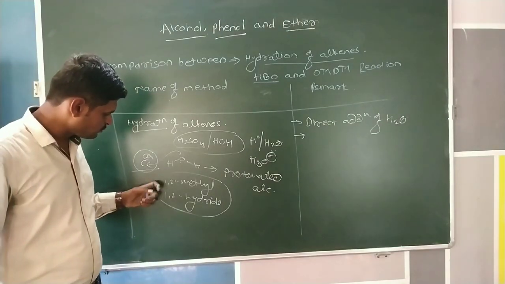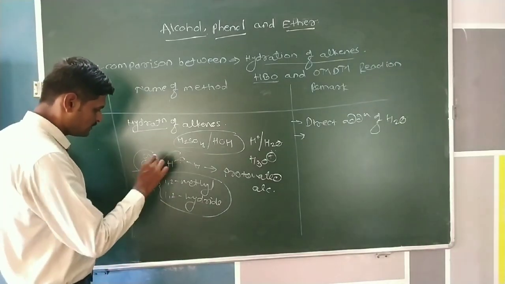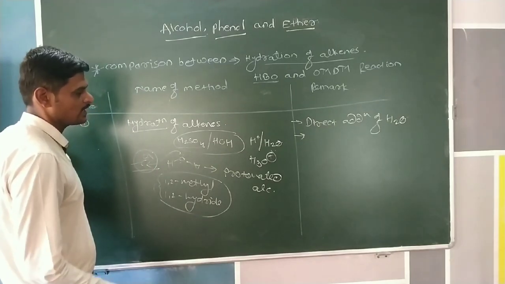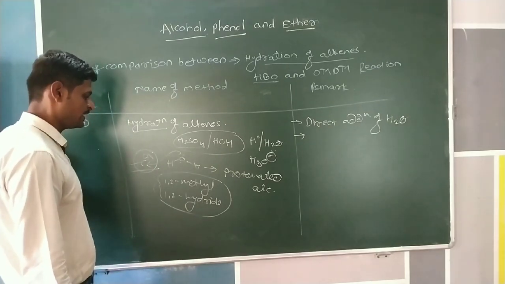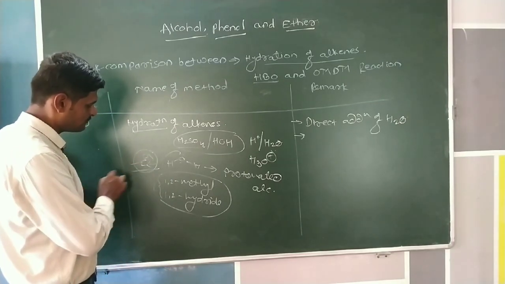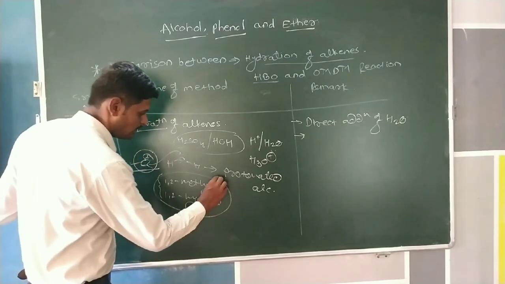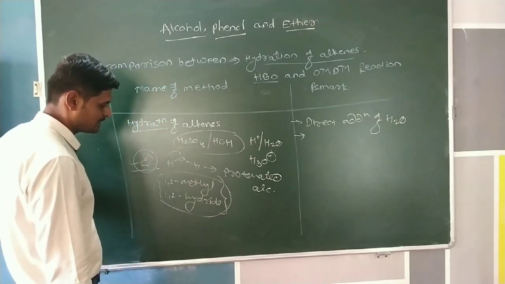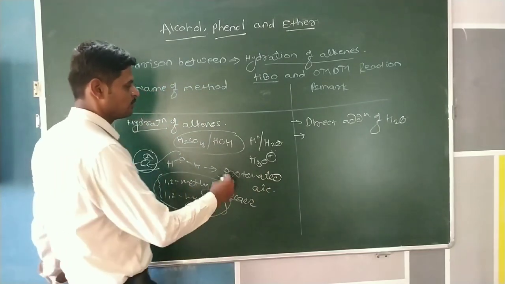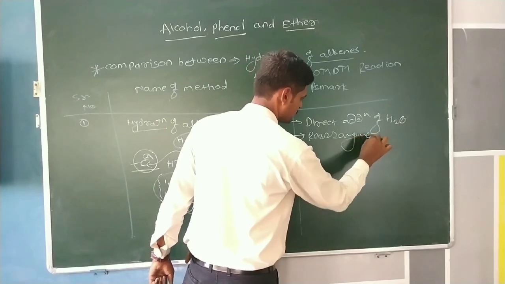Both factors are possible because of the stability of the carbocation, which is the main intermediate in this reaction. After formation of the stable carbocation, a 1,2-methyl shift or 1,2-hydride shift is possible. By this methyl shift or hydride shift, we can consider it a rearrangement reaction. Therefore, in this reaction, rearrangement is possible.